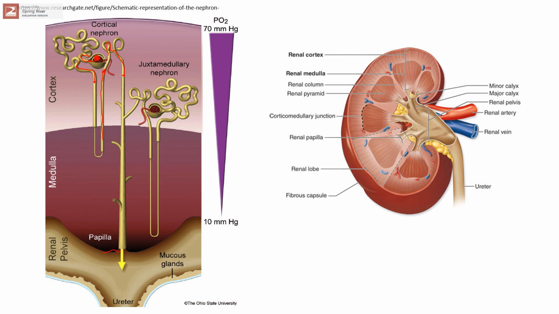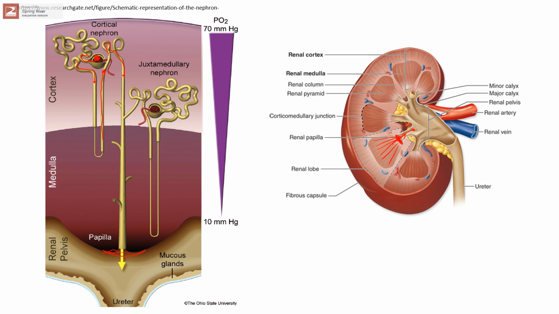At the renal papilla, several different collecting ducts combine to form a larger papillary duct. Now the filtrate is called urine. From the renal papilla, the urine enters the minor calyx, and from the minor calyx it goes to the major calyx.